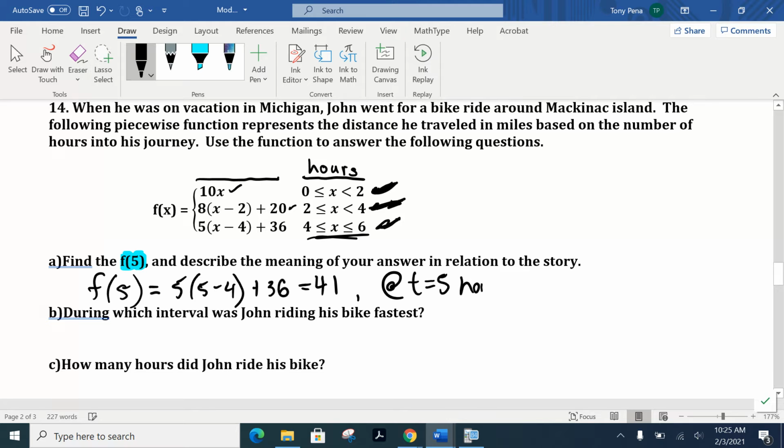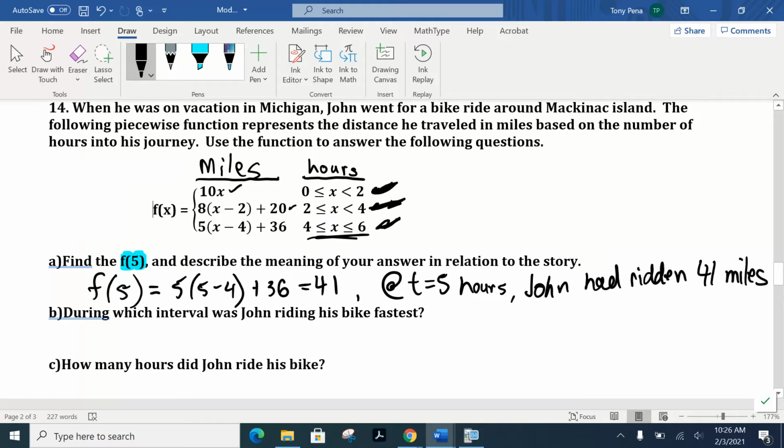So after 5 hours, John had ridden 41 miles. This is our mileage. So the left-hand side of this piecewise function gives us our total miles. The right-hand side gives us our total time.